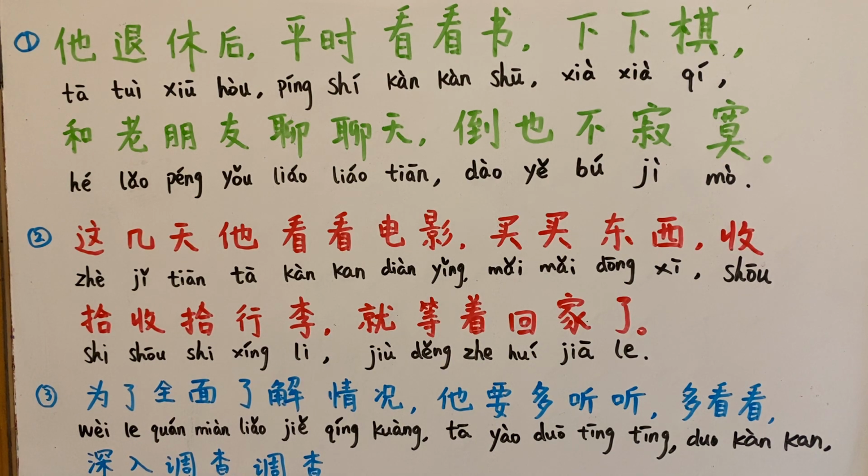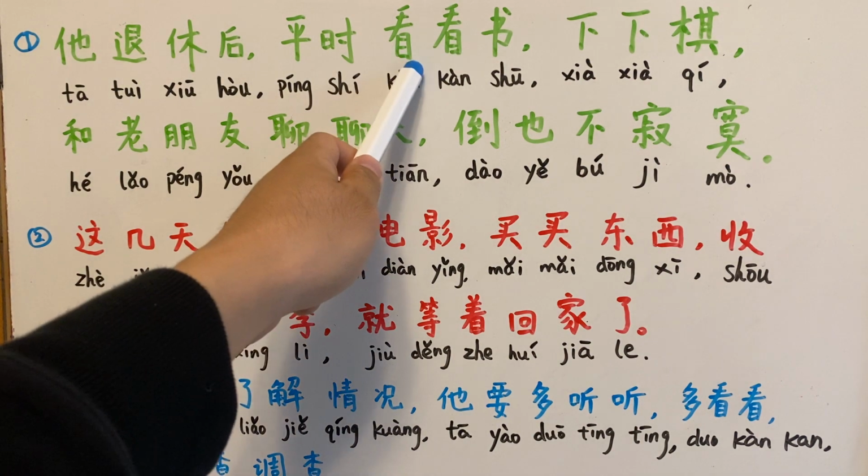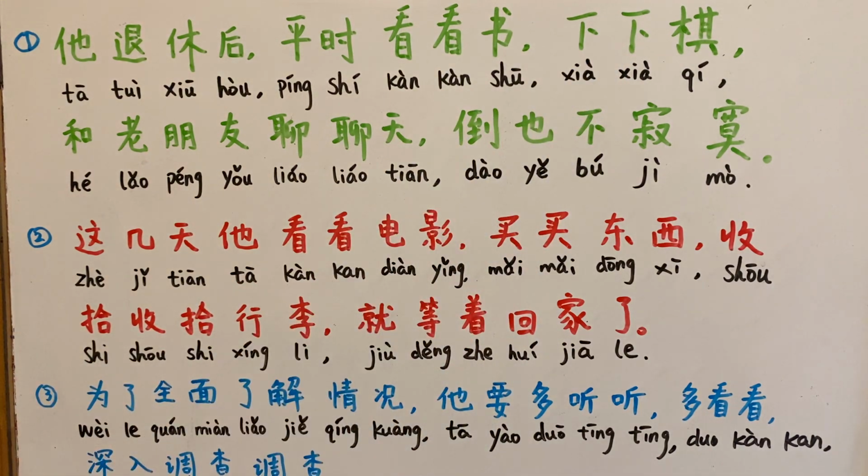And the action that happens in the sentence doesn't have an exact schedule. It can happen whenever I feel good, whenever the subject feels good. Okay, that is the first thing we want to talk about.